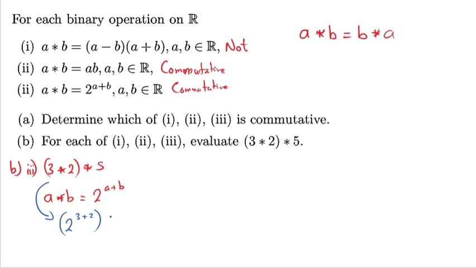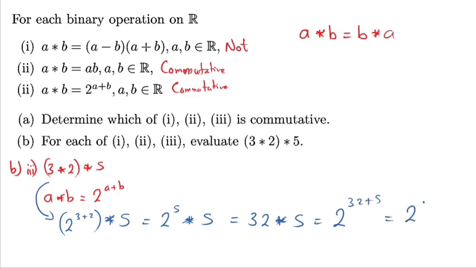That's the operation. Star 5. So this is 2 raised to the power 5 star 5. This is equal to 32 star 5. Then I apply this operation again. So the operation will be 2 to the power 32 plus 5. So our final answer is simply 2 raised to the power 37. You can just leave it as an exponent. There's no harm.